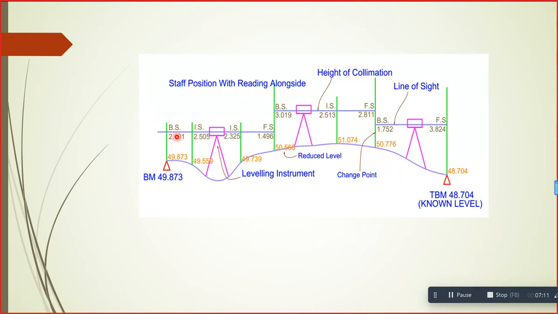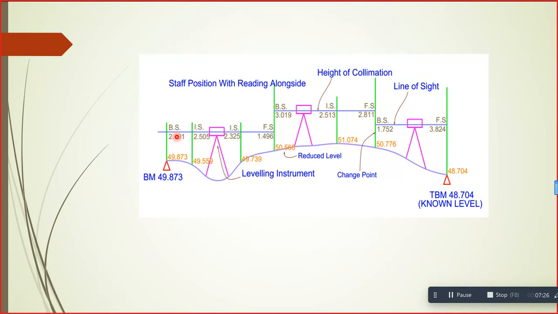I think everybody is seeing, and we have the last reading, which is the foresight, which is 1.496.